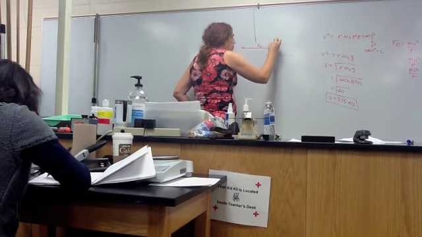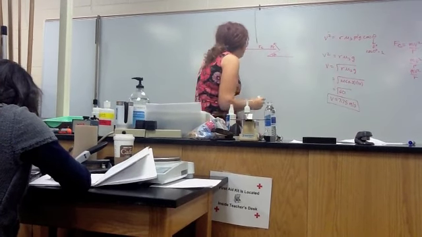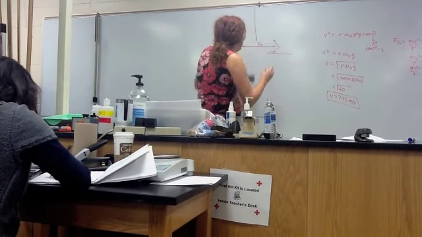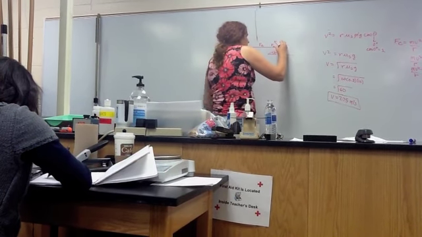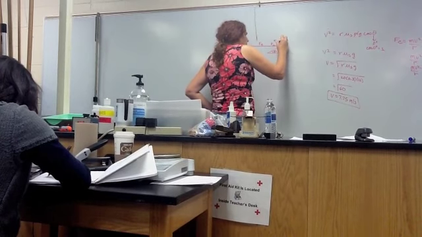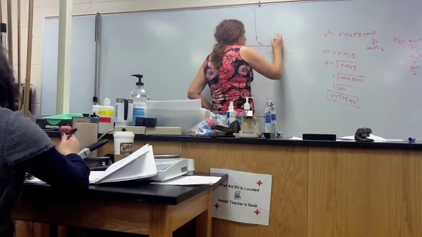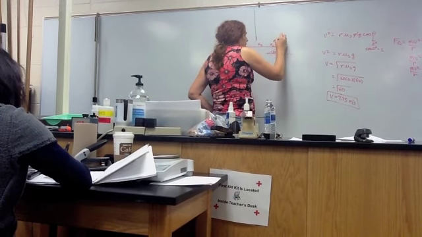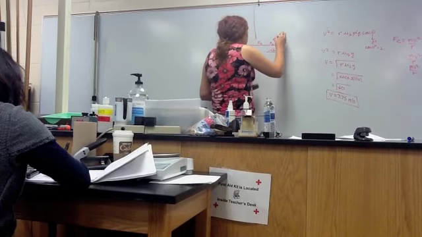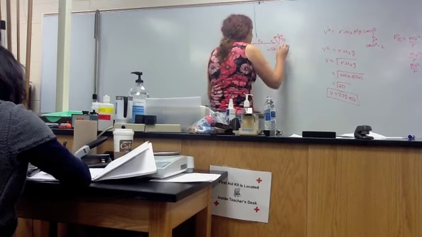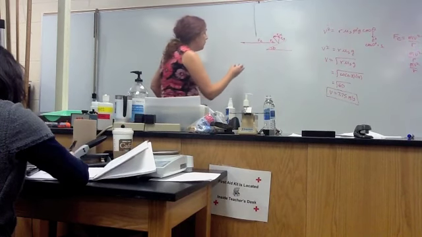we're going to have a normal force, and it's going to have a y component and an x component. It's only the x component that is going in the appropriate direction to give the center-seeking force.